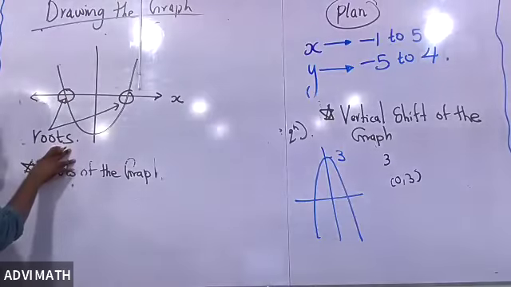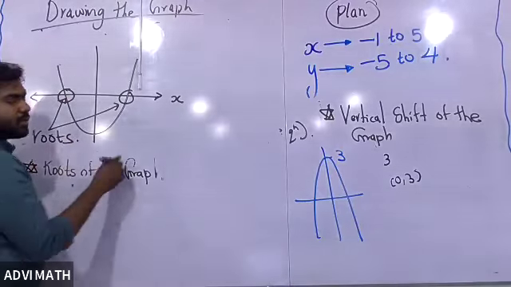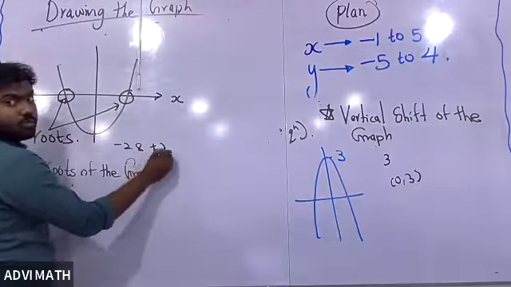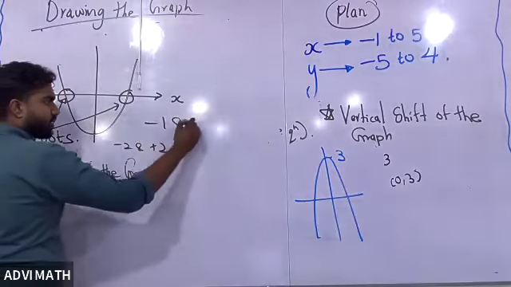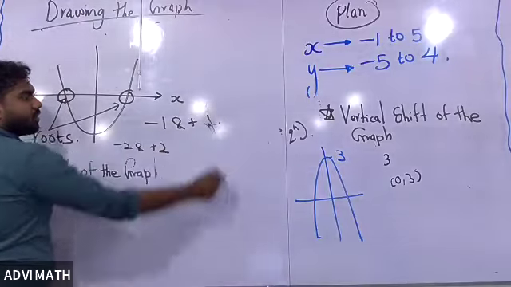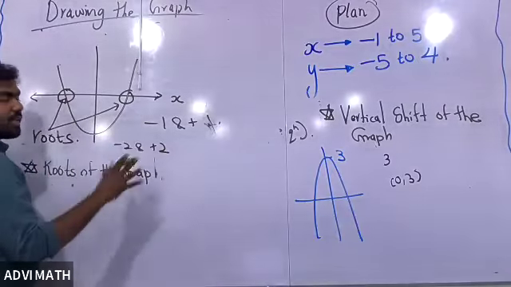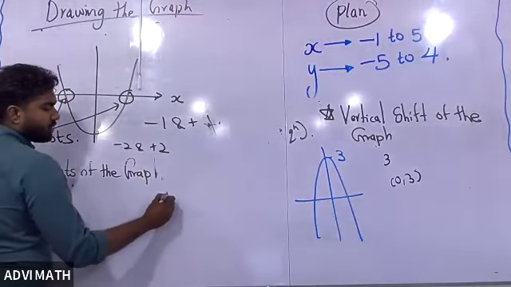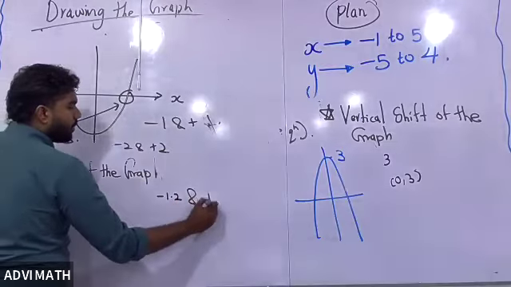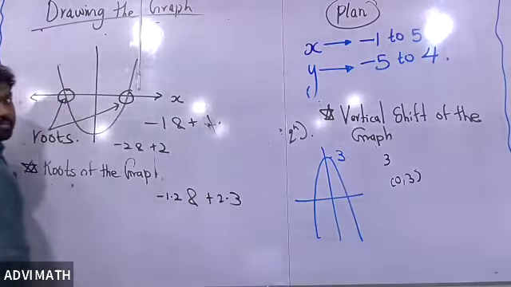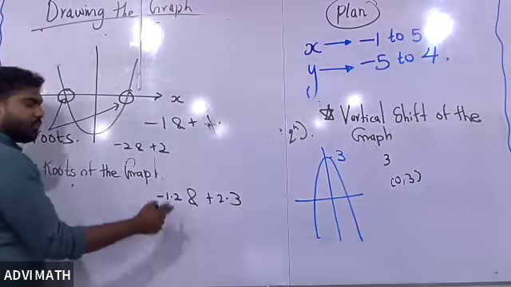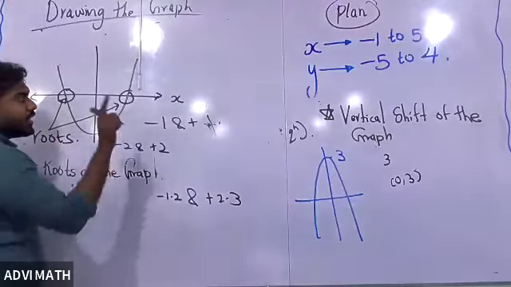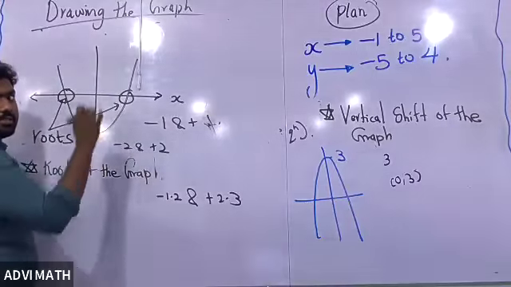And don't think roots always need to be a whole number. -2 and +2. -1 and +1. Sometimes question answers can be -1.2 and +2.3 also. Whole number, fraction, decimals, it depends on your shaking your hands.